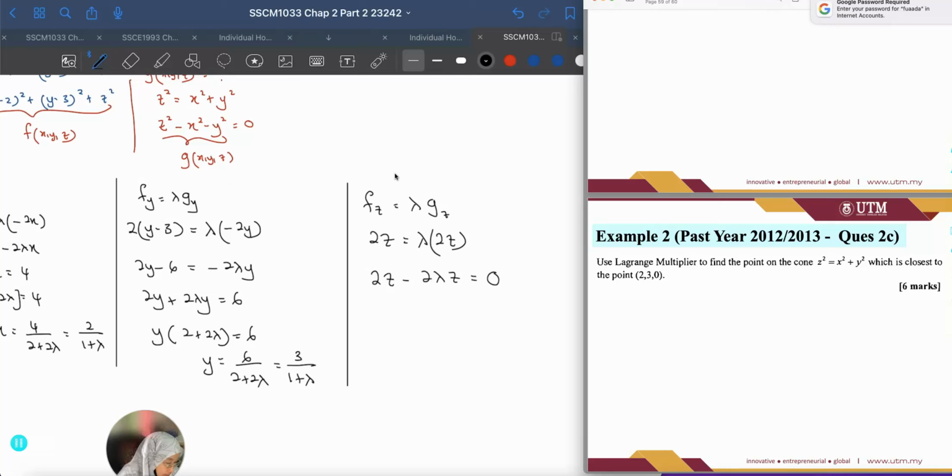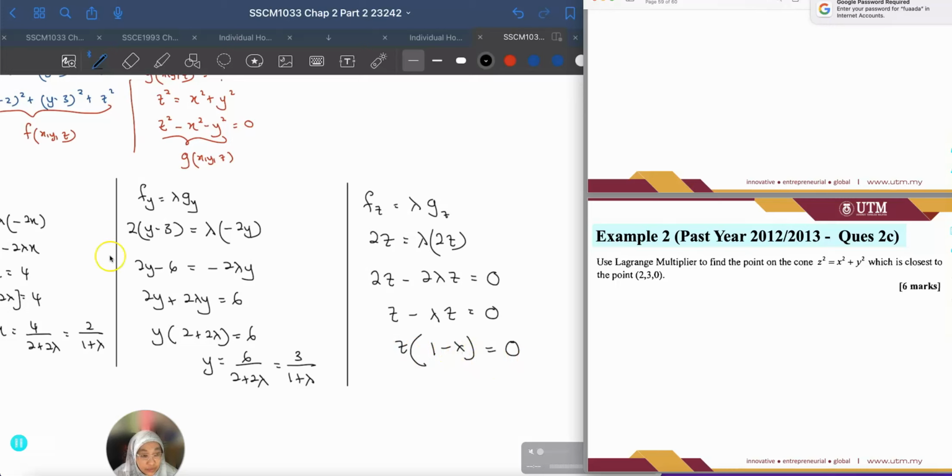We simplify that. We have negative z minus lambda z equal to 0, right? Factorize z. So 1 minus lambda equal to 0. Okay, here we have a situation. For x and y we can write in terms of lambda, but this one we can have the result directly. In this case, we have two possibilities, z equal to 0 or 1 minus lambda equal to 0.